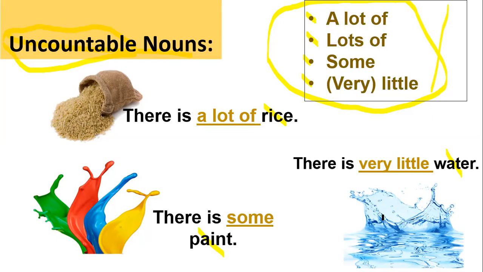Who wants to give me another example? Okay, there is a lot of pasta. Yes, very good. Someone else? There is some coffee. Okay, yes. There is a lot of sugar. Someone else who wants to give me an example?